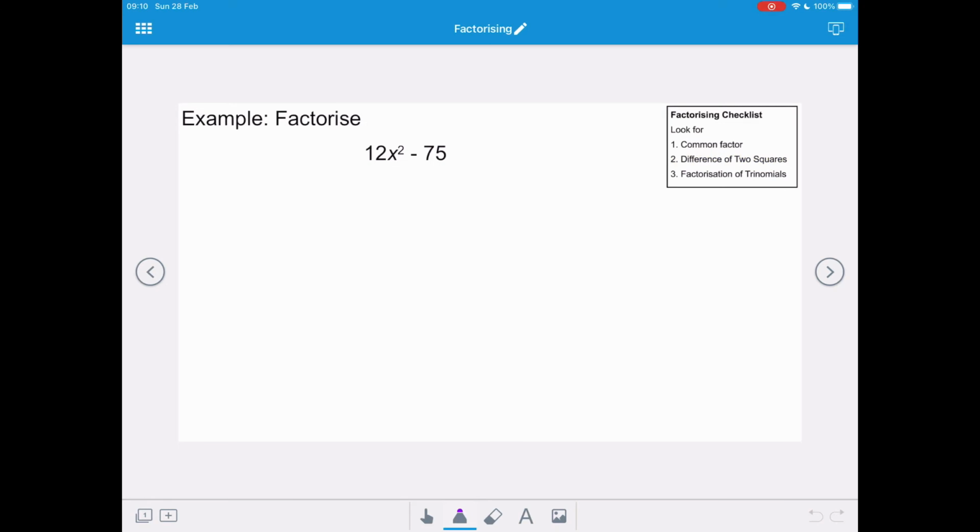Now in this example, we are going to have to do two steps. We see that we've got two terms separated by a subtraction sign, but it isn't instantly obvious that we have a difference of two squares. Because first of all, we're going to go to our factorizing checklist, and we can see that we've got a common factor that we need to deal with first.